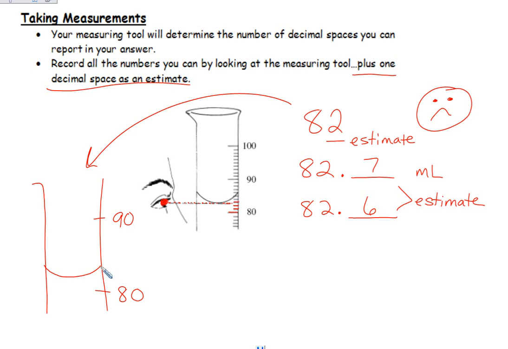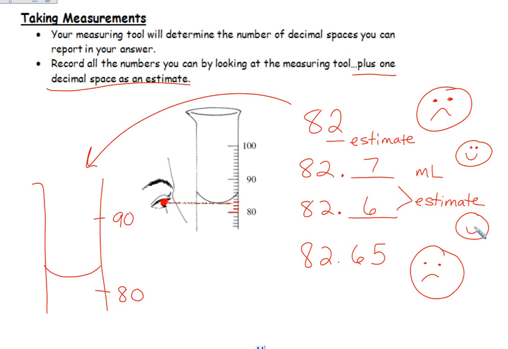Another one that is not acceptable, if I were using this graduated cylinder, somebody could not say, oh, I don't know, maybe like 82.65. Nope. Sad face. These two are happy faces. This is a yes, and this one is a yes. Either of those two would be fine.